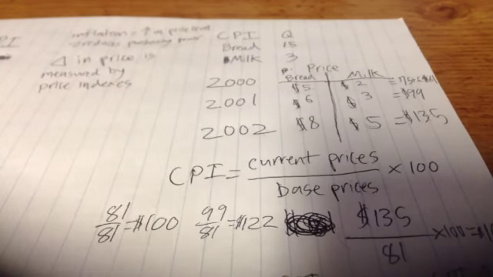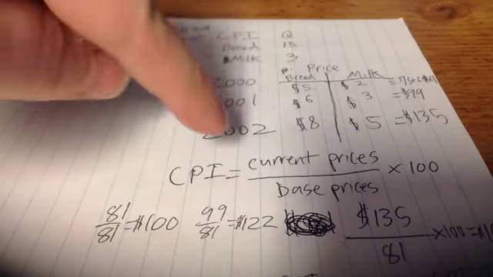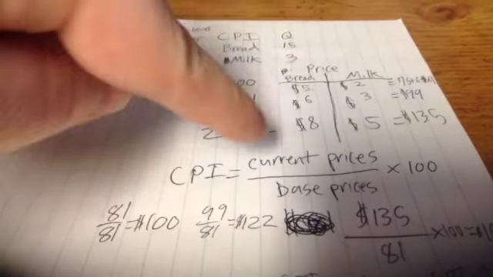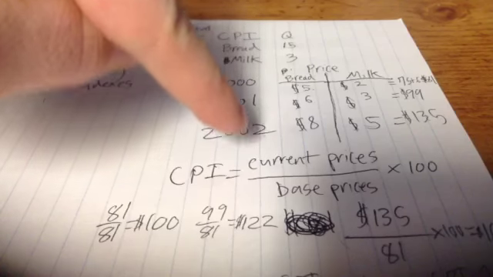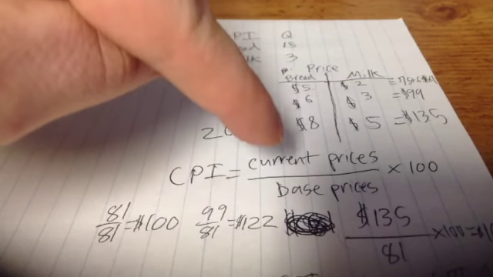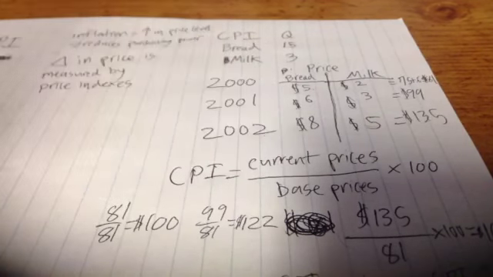How you calculate that is you take the year that you want to calculate the CPI in, and you divide that by a base year's prices. You determine the base year, or when you see consumer price indexes, they've already determined a base year, and that's what everything is based on. In this instance, let's take 2000 as our base year.